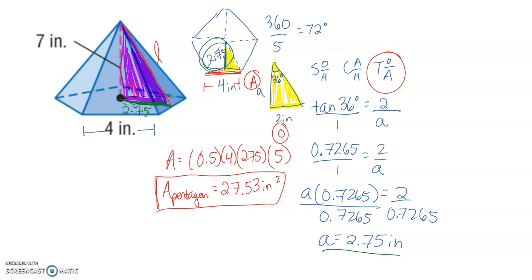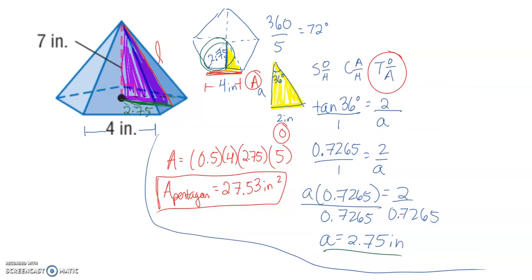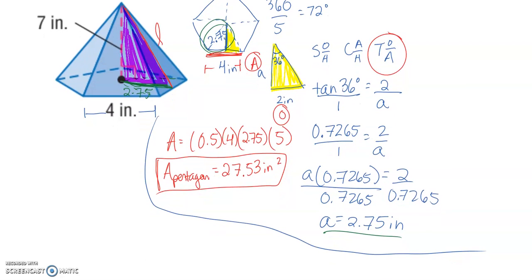I'm going to do a squared plus b squared equals c squared. I think I might just draw this off to the side. So 2.75 squared, the apothem, plus 7 squared should equal the slant height squared. And it's okay if you round and get some rounding error when you're doing your homework. That's to be expected. When I solve that out, I get a slant height of about 7.52.